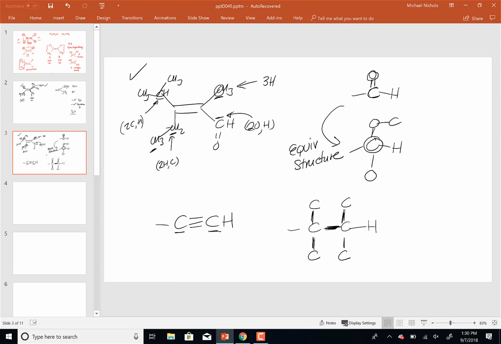So initially you might look at that and go, so what? Those carbons are just hanging there? The reality is that if you ever had to judge those carbons, they would have 3 hydrogens attached to them. But we don't put them in. So this is the equivalent structure then of this.